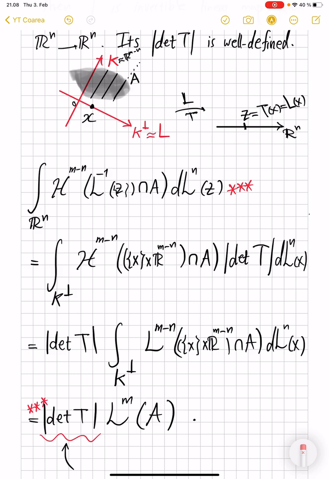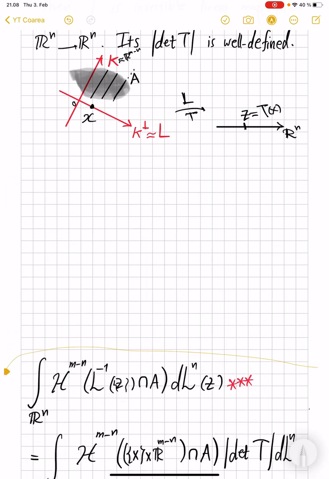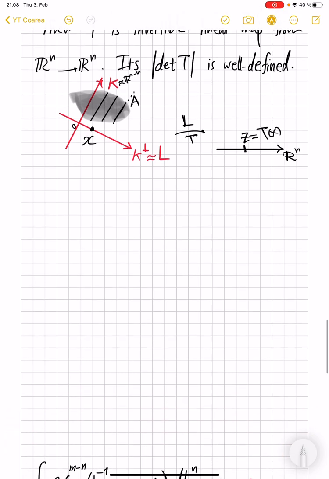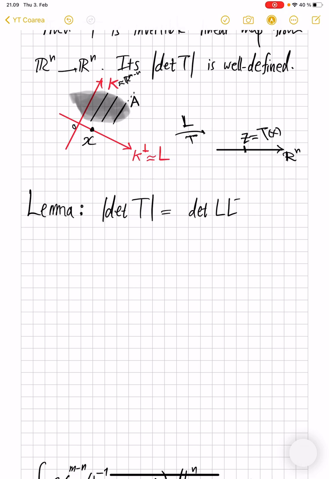So I give you also time here to think about how you would prove that the absolute value of determinant of T is the same as the square root of this strange determinant. Okay. The lemma that I'm trying to prove is that the absolute value of determinant of T is just the square root of determinant of L transpose L, or L conjugate, now that we have been playing around with the coordinate system. Okay, proof.